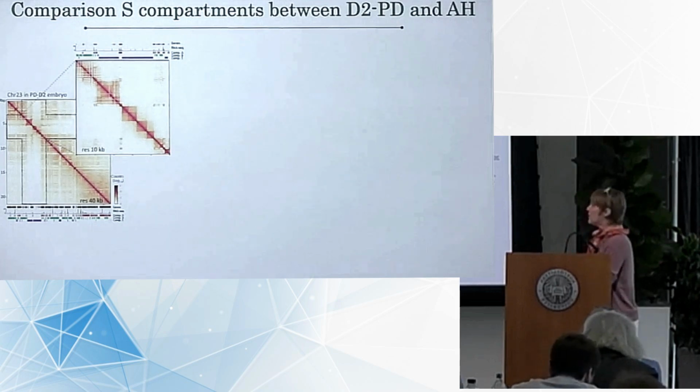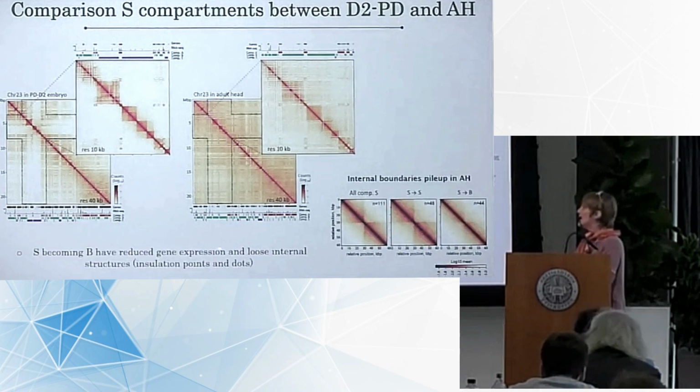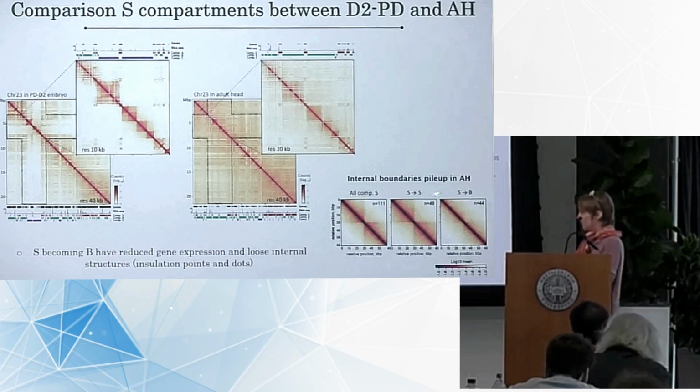Now, if we look at this region in adult heads, we can see in the chromosome context that this region is now totally checkerboarding. If you look at the close-up, we are indeed losing a lot of the structure and gene expression. This can be more generally recapitulated by some boundary pileups.